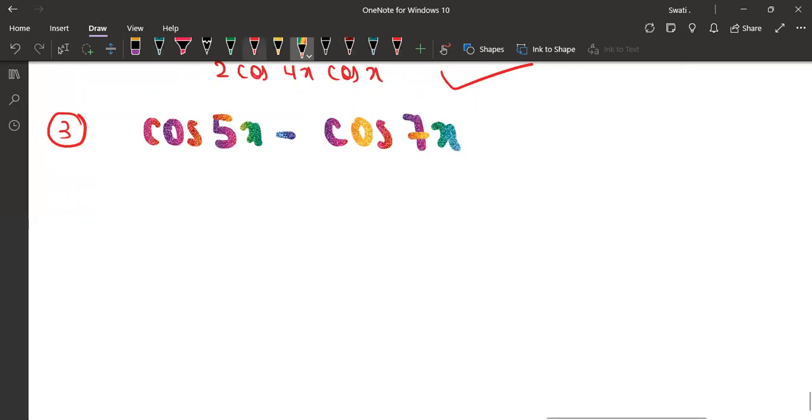So now we have the form cos c minus cos d, right? We know the formula of cos c minus cos d: the minus we have to write outside.